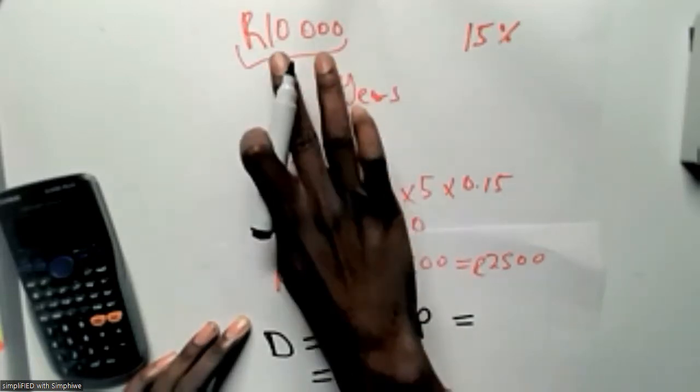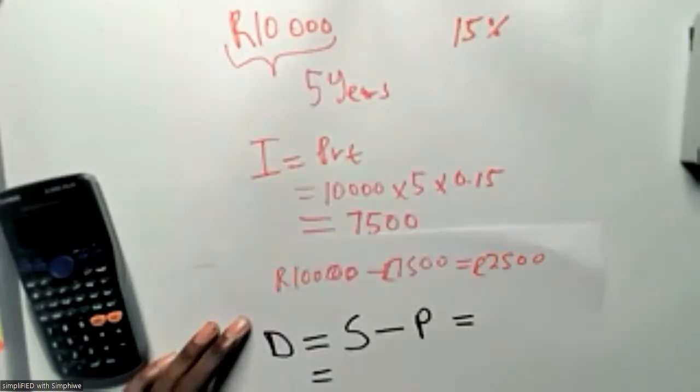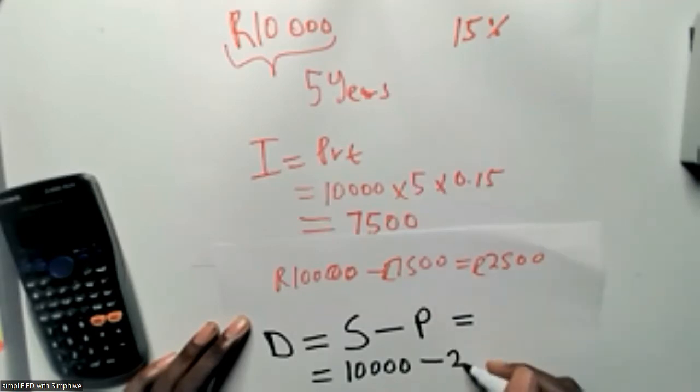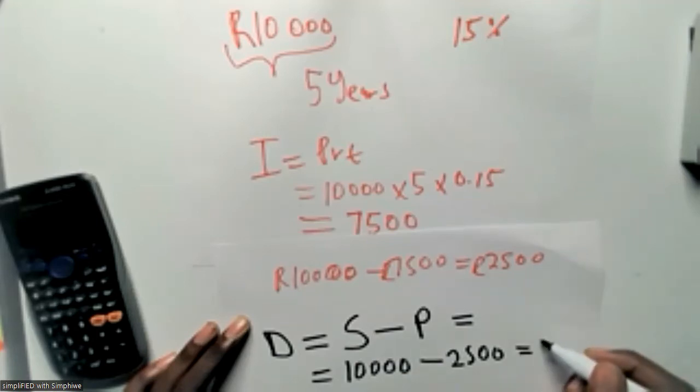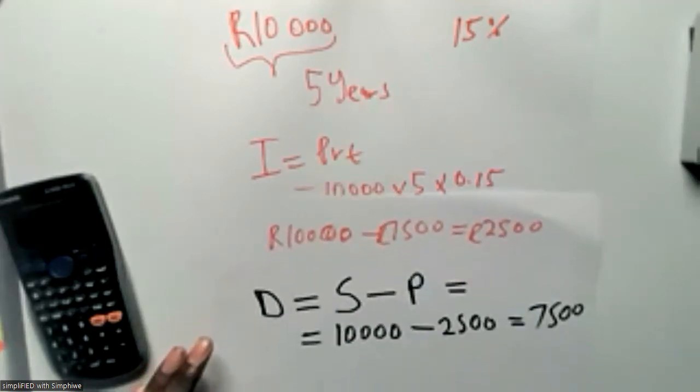So here, I've loaned 10,000 rand for 5 years, and I've received 2,500 now. It means now my discount is 7,500. So discount is more like the reverse of interest rate.